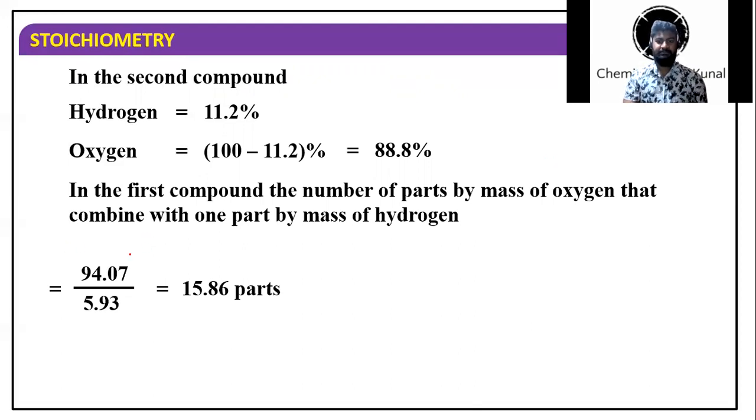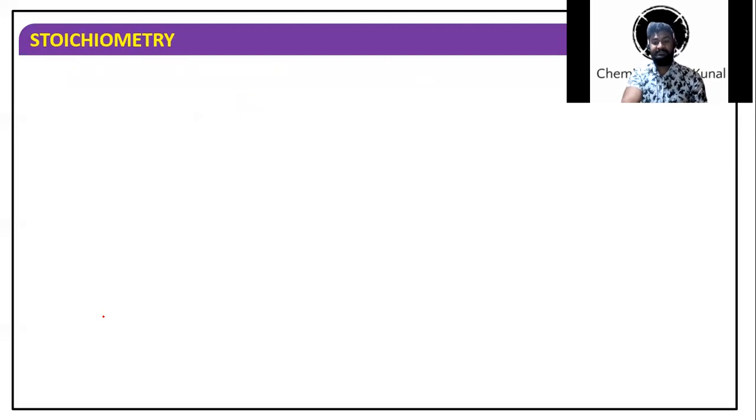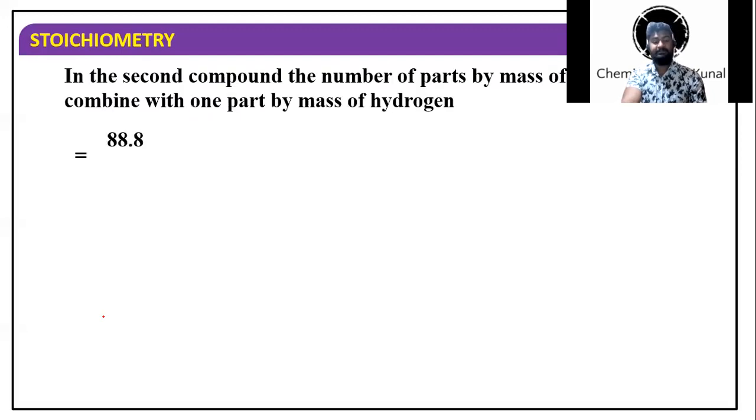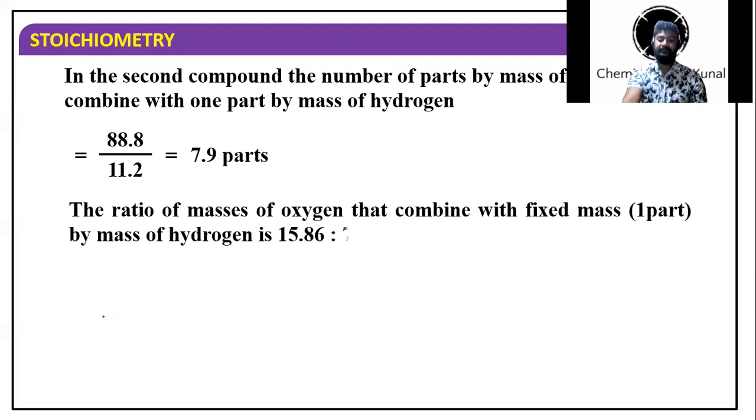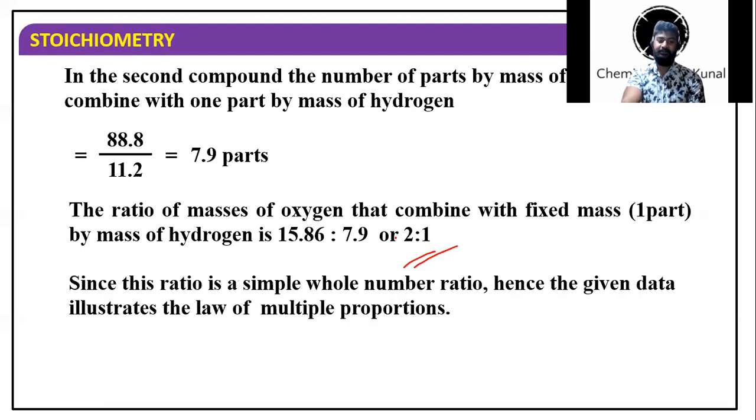For this much amount of oxygen, this much amount of hydrogen was combining. Let's do the same thing with the other experiment also. For 88.8, how much was combining? 11.2, the ratio is 7.9. Now, 7.9 and 15.86, are they in a ratio? Yes, they are in the ratio of 2:1. So yes, it obeys the law of multiple proportion. And that's how we can understand this law.